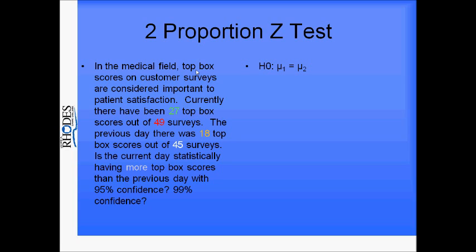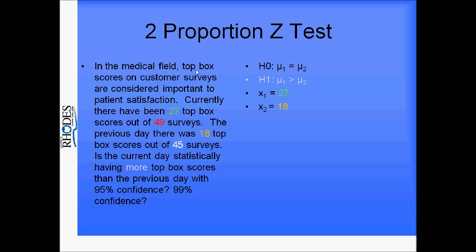Okay, so again, our null hypothesis is that they're equal. Alternative is that one is greater than the second. So we go in and we go to Stats and select our test. Go down and select 2 proportion Z test. Hit enter.